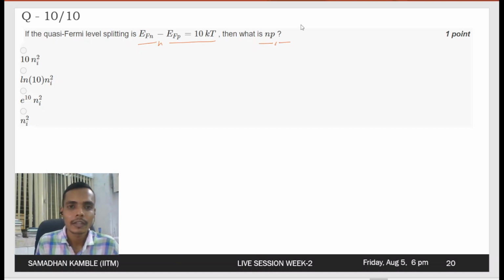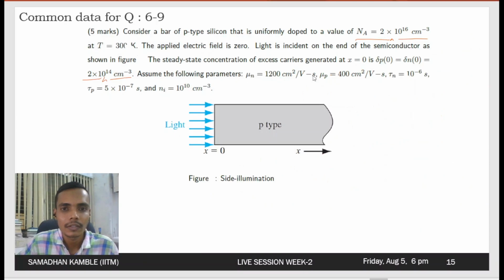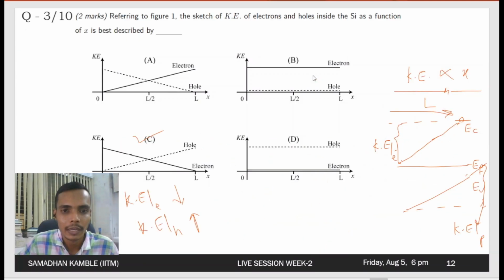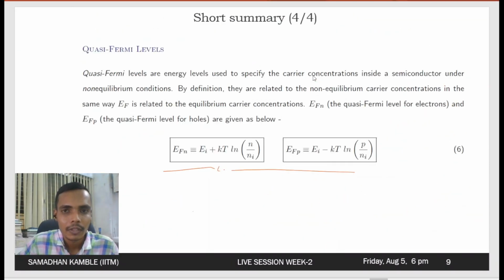We can recall the quasi-Fermi level equations. If I go to the summary page where I had written them down, these are the equations for the quasi-Fermi level for electrons and for holes. Let me write it here.